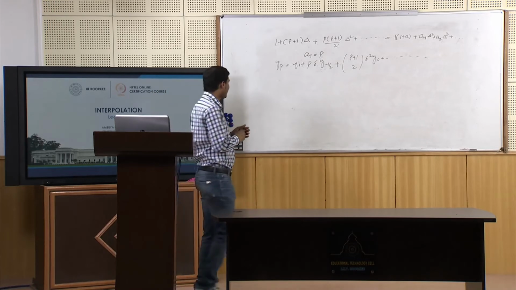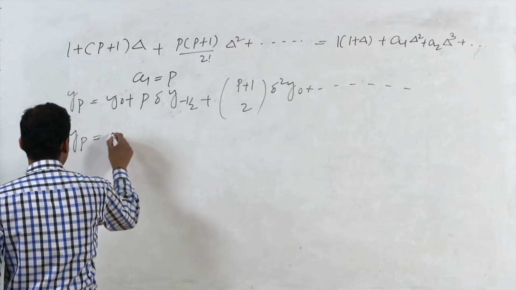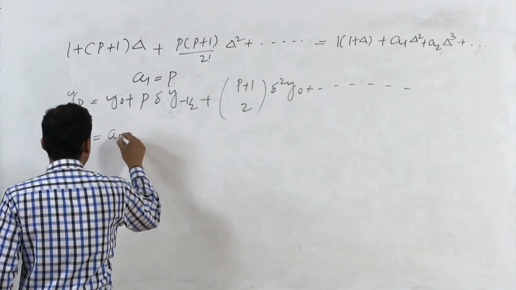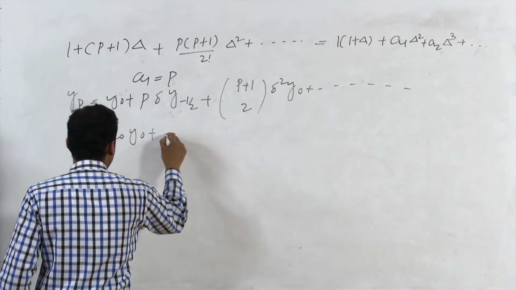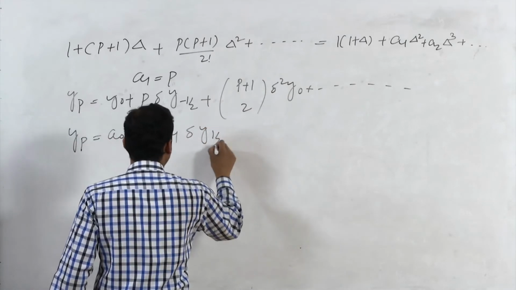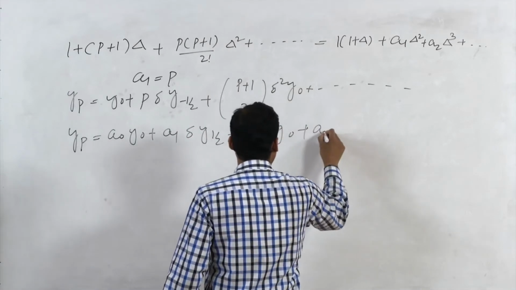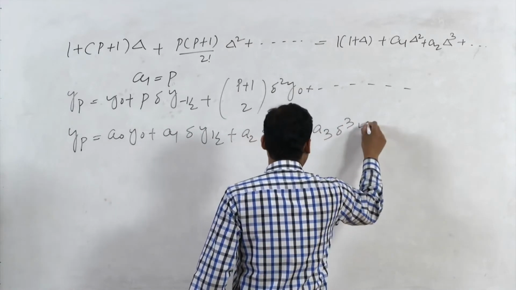Like if you write these coefficients, we can write yp as a0 y0, a1 delta y of half, a2 delta square y0, a3 delta cube y of half.